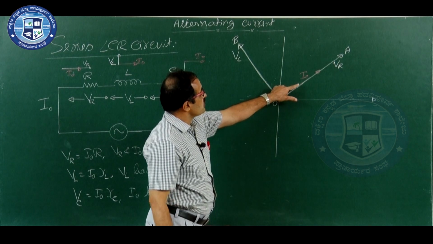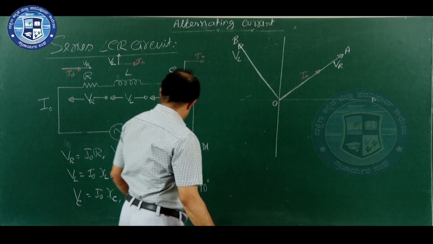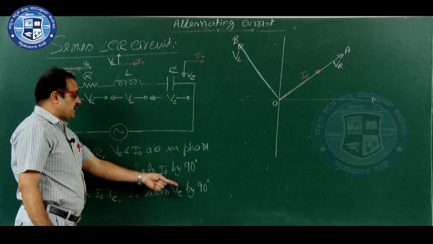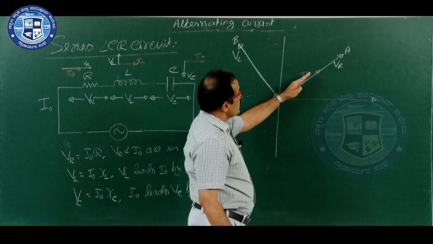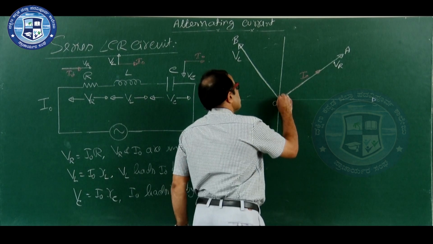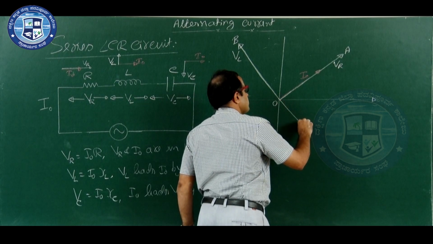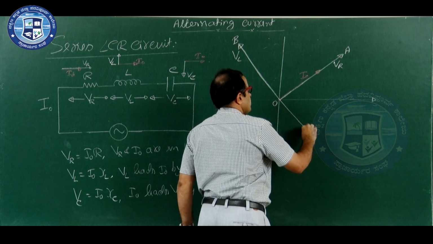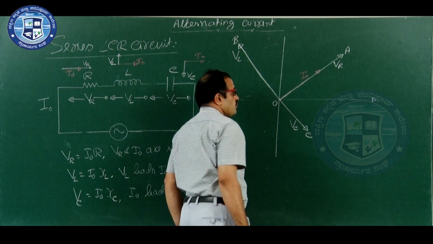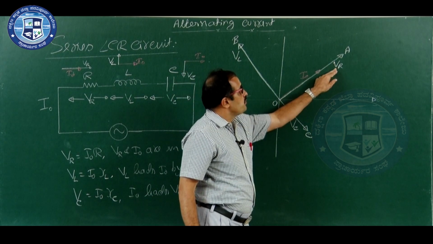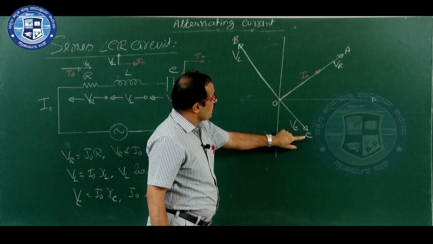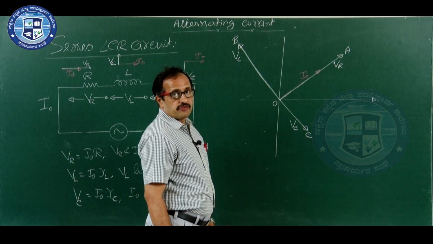Vc is equal to I naught Xc, where current leads the voltage by 90 degree, means current is leading, voltage is lagging, lagging means down by 90 degree. So, this is here Vc, let us say OC. Therefore, OA represents peak voltage across resistor, OB represents peak voltage across inductor, OC represents peak voltage across capacitor.